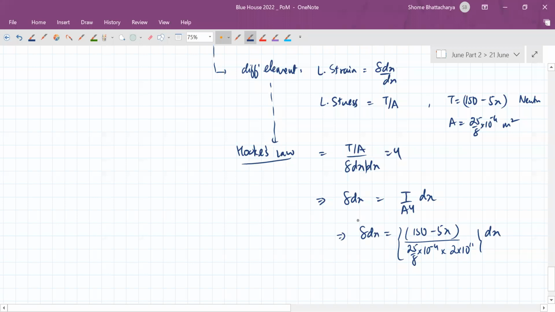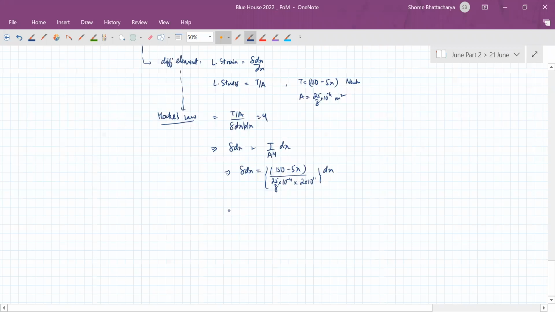This is our delta dx. Integration of this will give us the elongation.